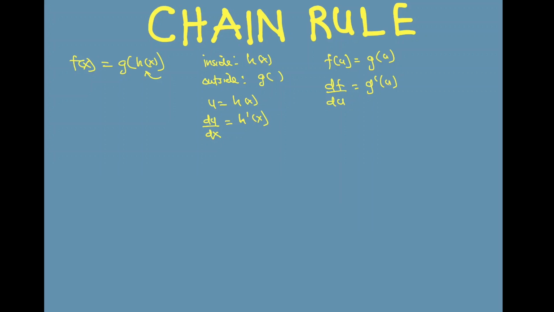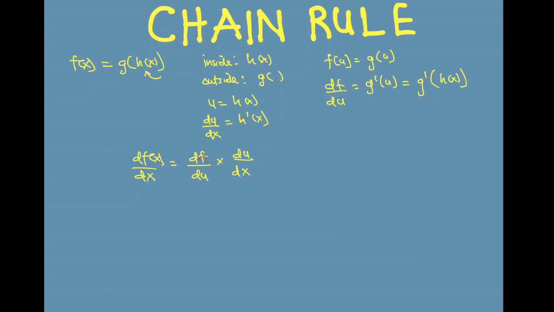We can substitute u with h of x, which gives us g prime of h of x, which is the inside function. And the chain rule says that to differentiate f of x with respect to x, we have the derivative of f with respect to u multiplying the derivative of u with respect to x.